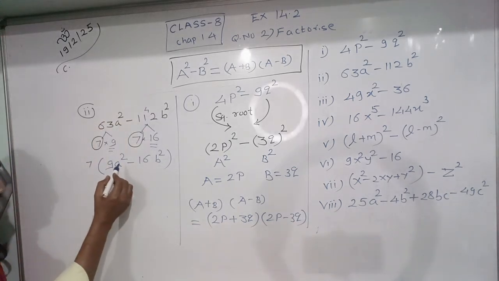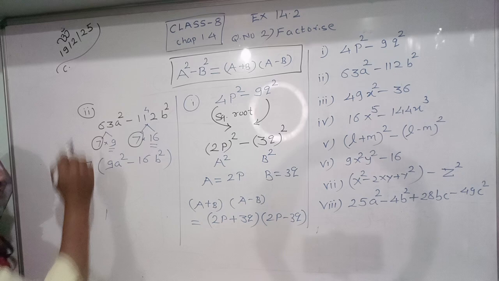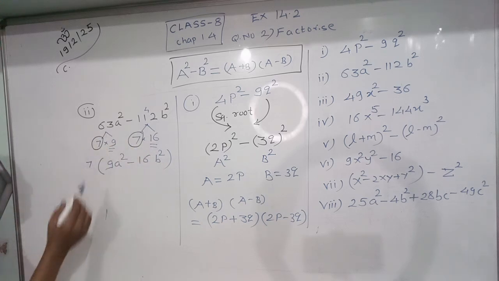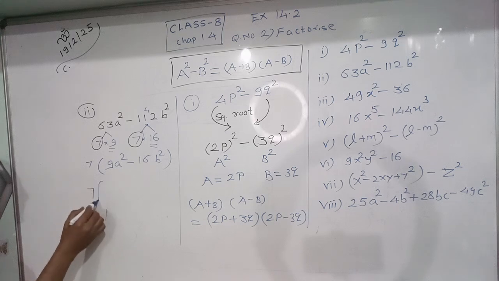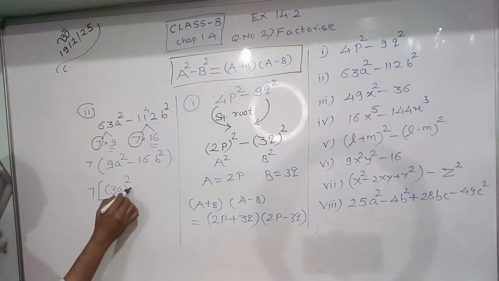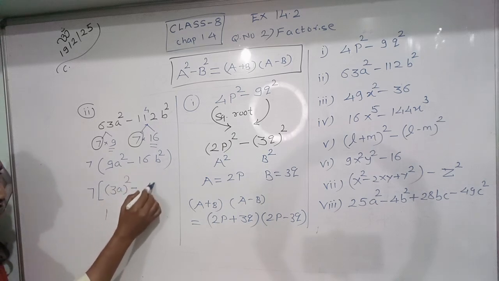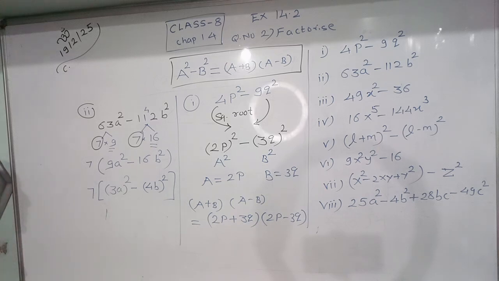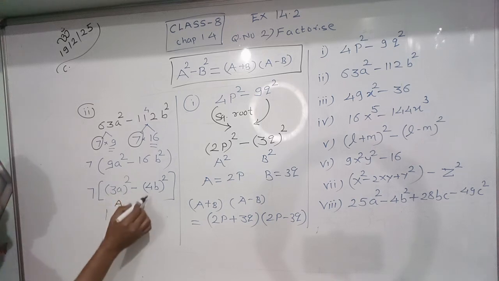Now again come to the same trick. Now these two numbers are perfect squares. So we can write in this form: square root of this is 3a, square root of 16b square is 4b, bracket square. Now the term is in the left hand side of the identity, that is a square, and this one is b square.